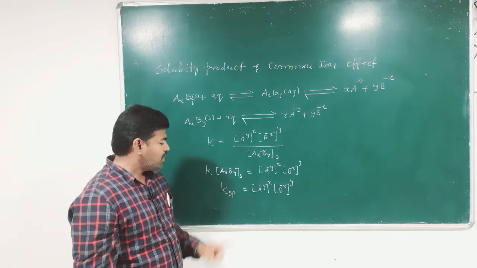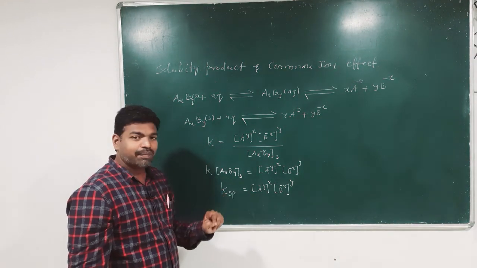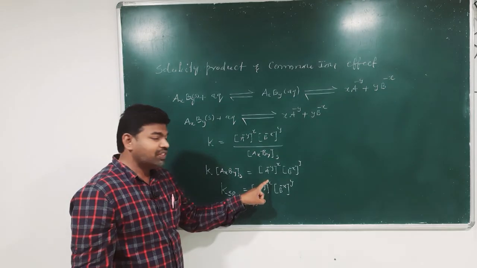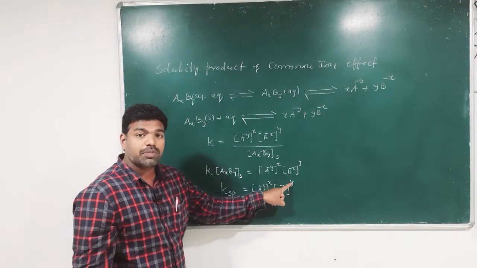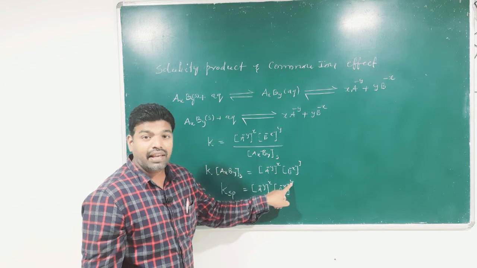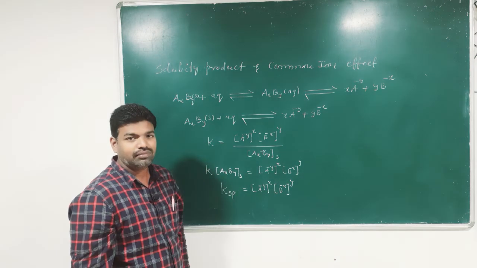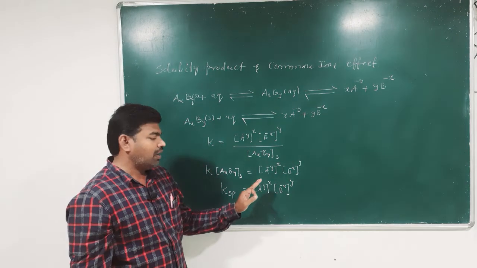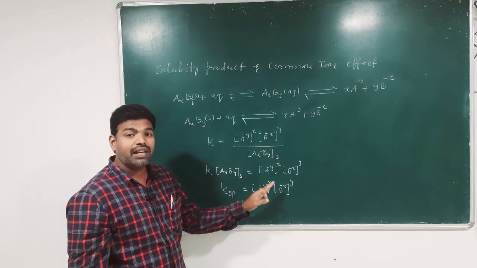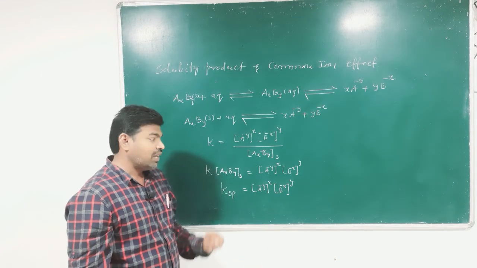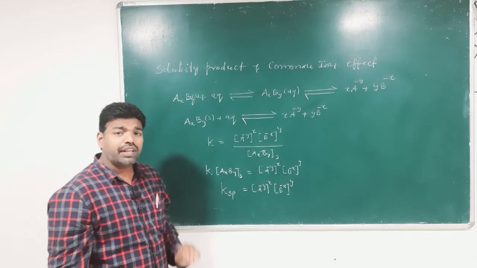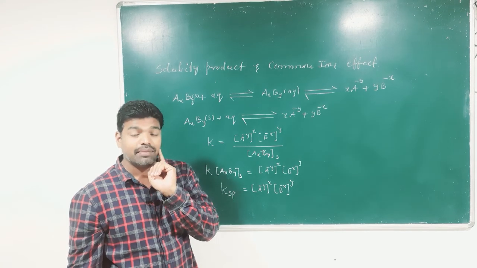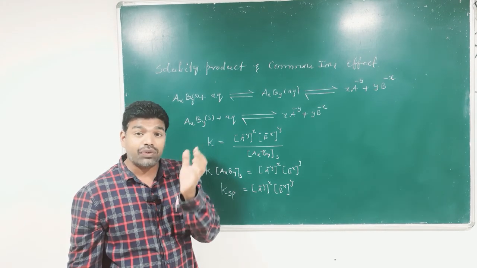I repeat, solubility product is defined as the product of ionic concentrations raised to suitable powers of a sparingly soluble salt in its saturated solution, right. So Ksp is a product of ionic concentrations, right.